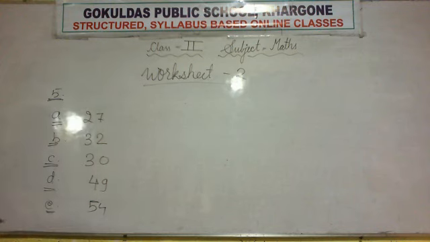These are the answers. You can match your answers with this. Answer of A is 27, answer of B is 32, answer of C is 30, answer of D is 49, and answer of E is 54.